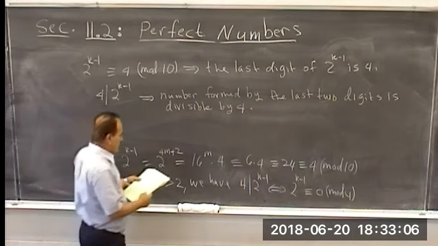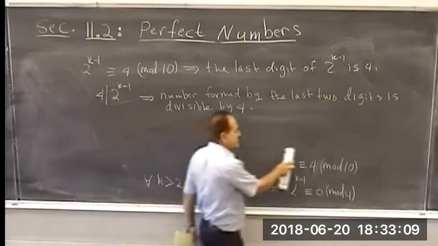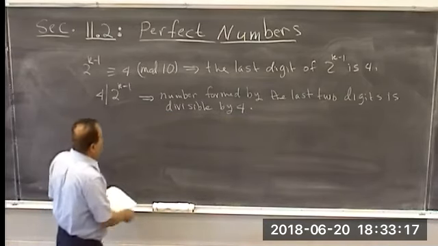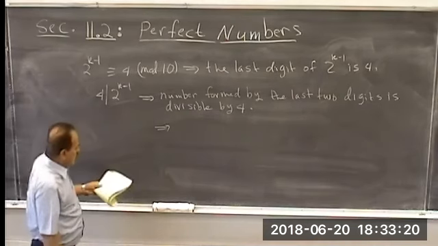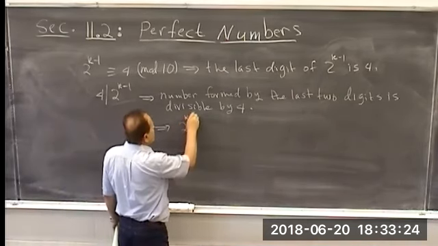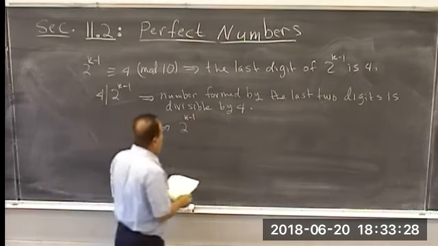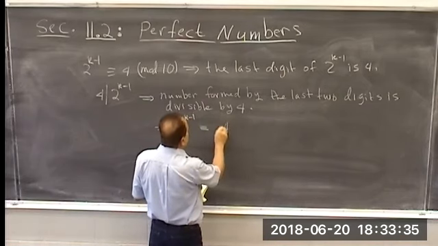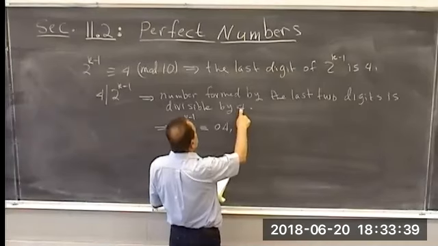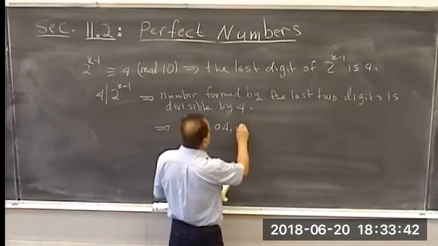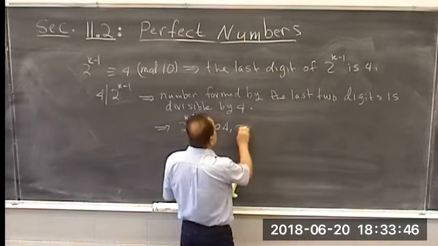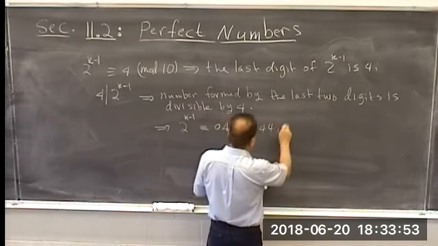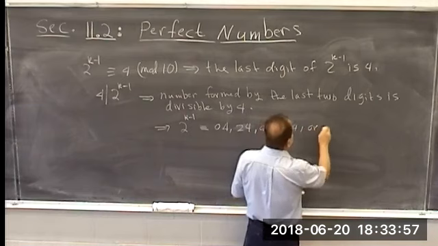Now, if we put these together, then this implies that for 2 to the power k minus 1, the last 2 digits must have a unit digit of 4, and to be divisible by 4, we have 04, 24, 44, 64, or 84.